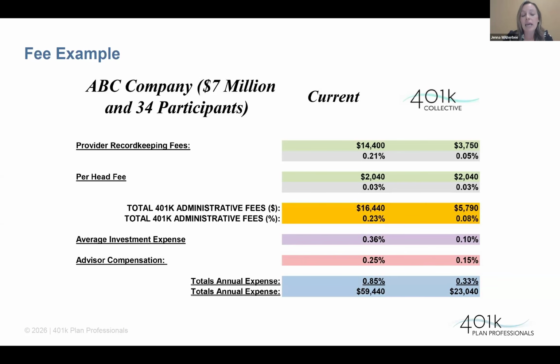When this plan got a quote from the pooled employer plan, you can see that all across the board, the fees went down. So record keeping fees, the per head fee stayed the same, but average investment expense and advisor compensation all went down. So creating a lot of cost efficiencies, which in the end means more money in the pockets of the participants.